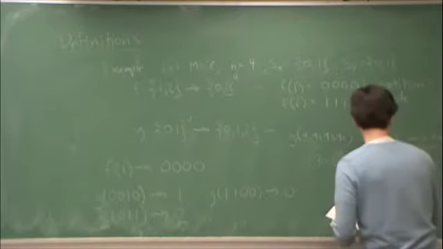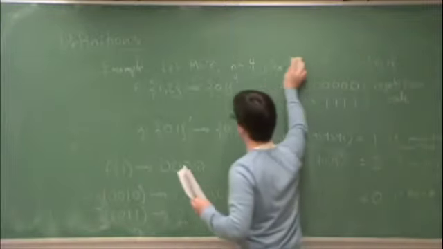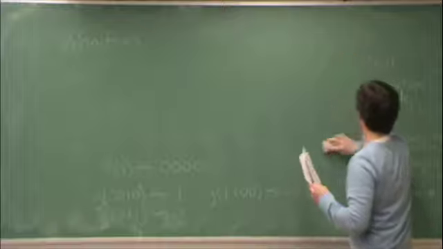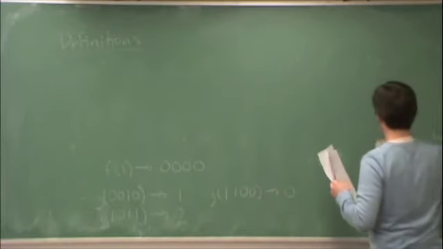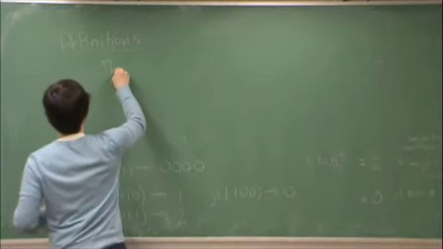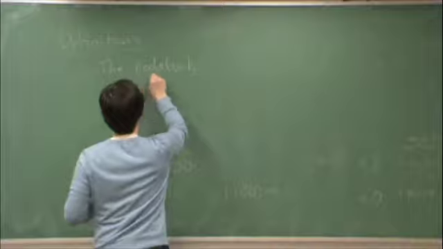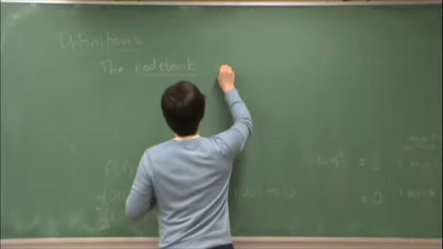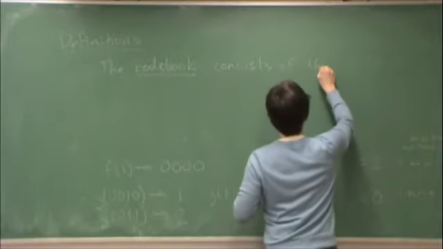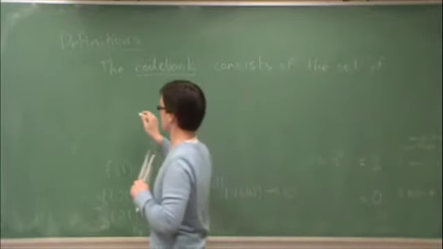Okay, just to end that particular definition, the code book consists of a set of all possible encodings.